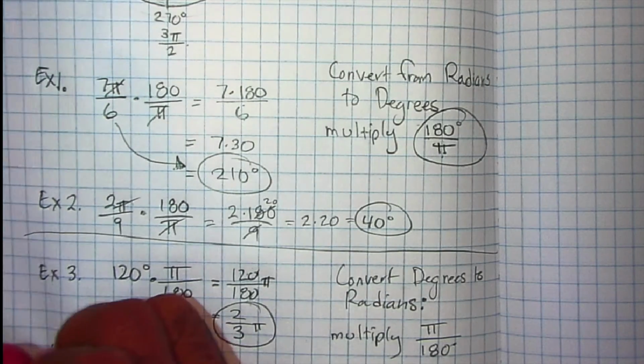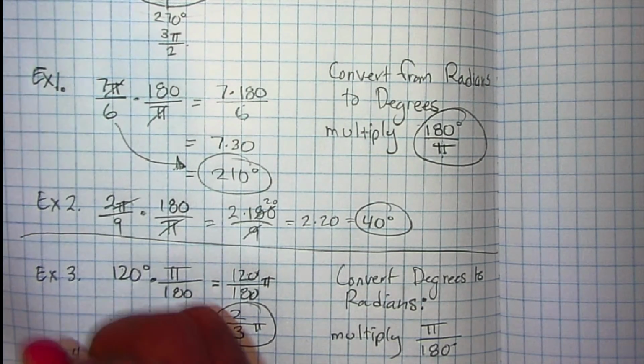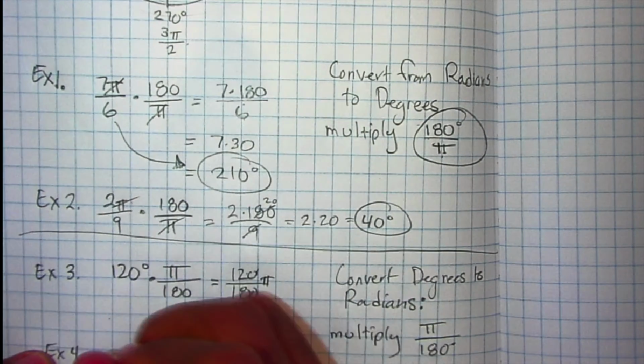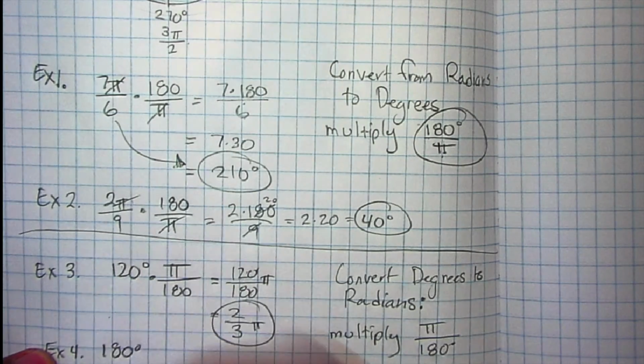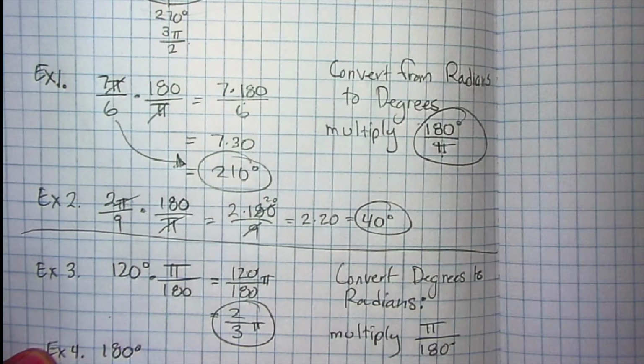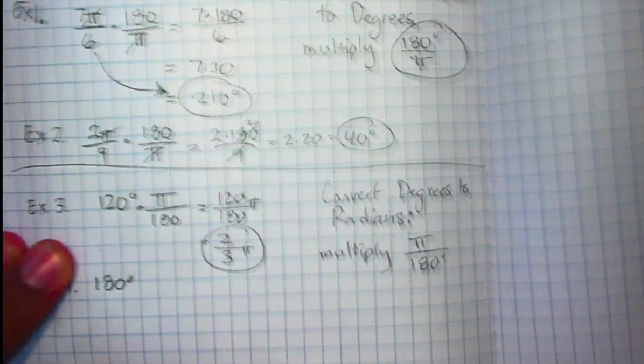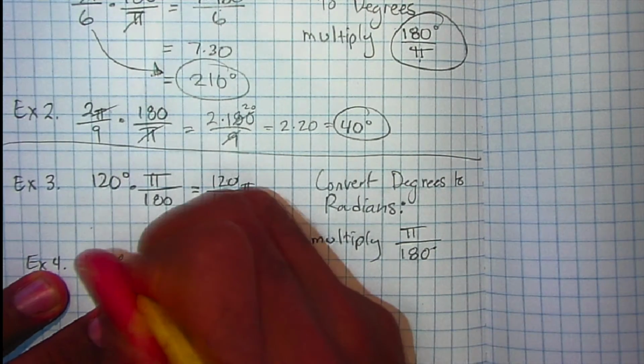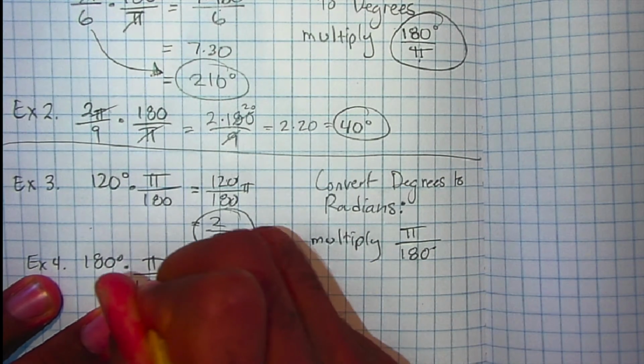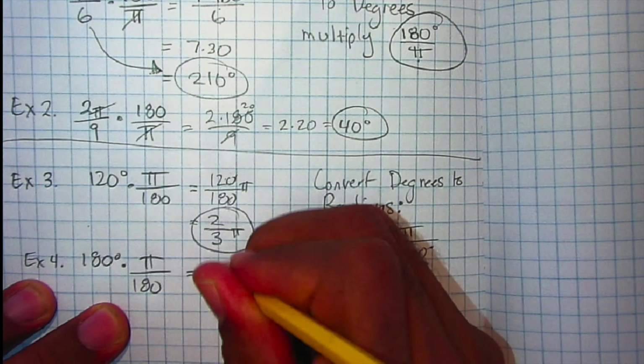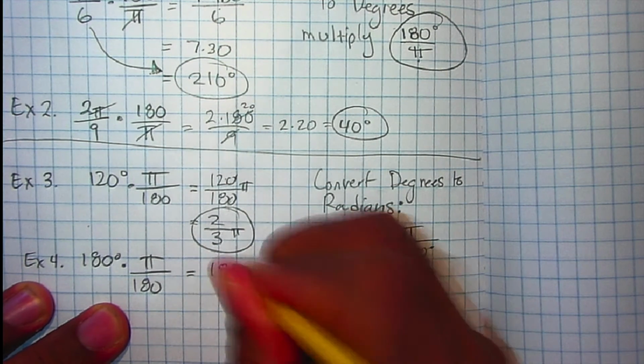Okay. Now the fourth example. Okay, so we have 180. Again, same thing: pi over 180. And as you can probably already see, this is pretty easy.